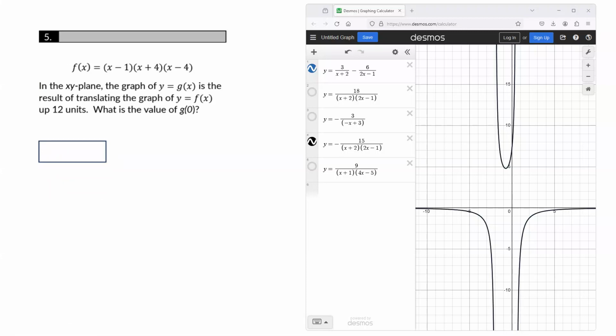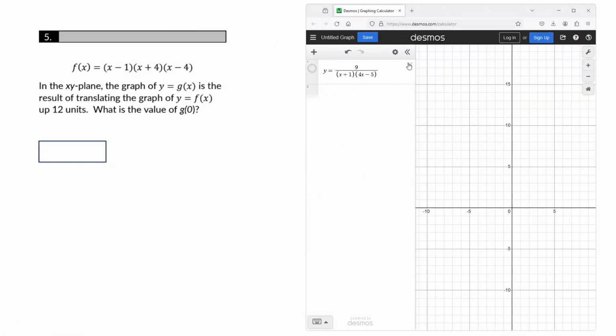Here's another function. This particular one, I'm probably not even going to graph it, but we are going to use Desmos' ability to work with functions to help us out. So let's get rid of the old question. I've got f of x equals x plus 1, x plus 4, and a factor of x minus 4.